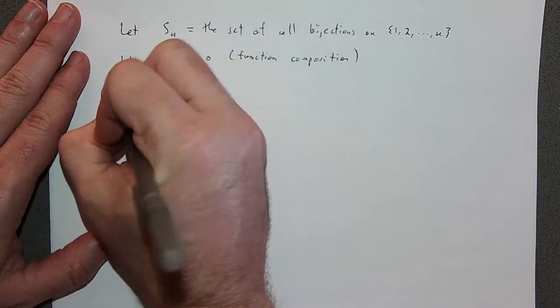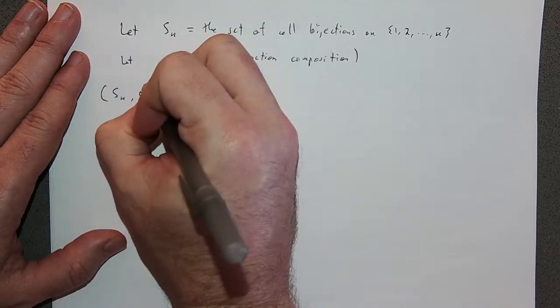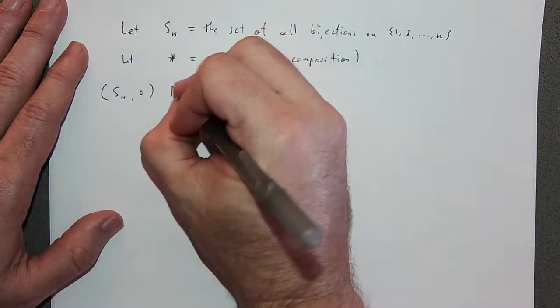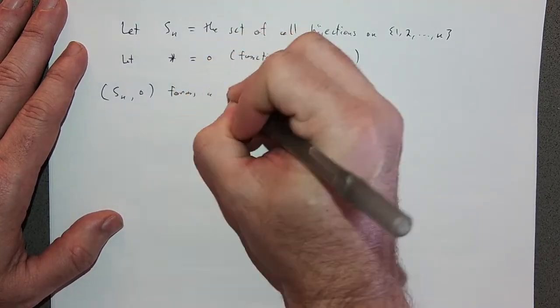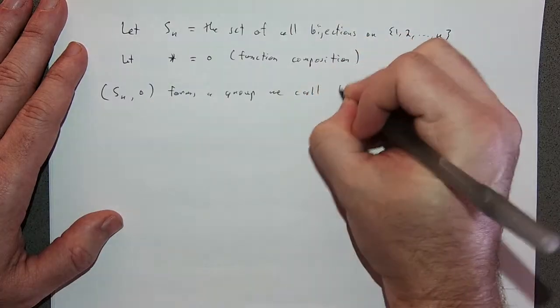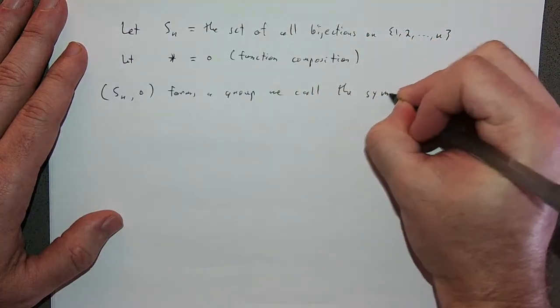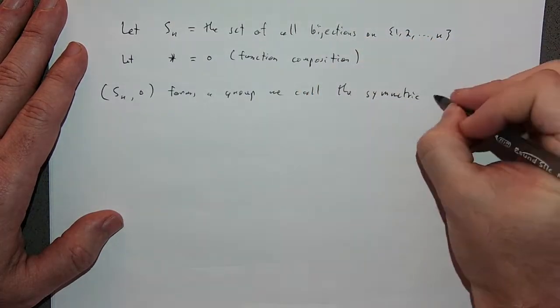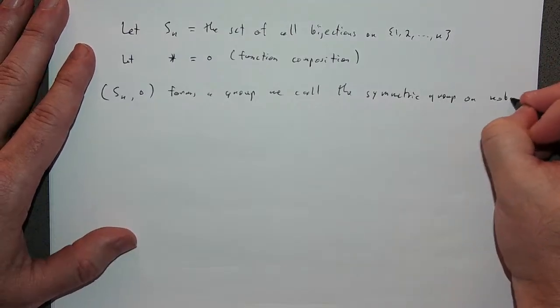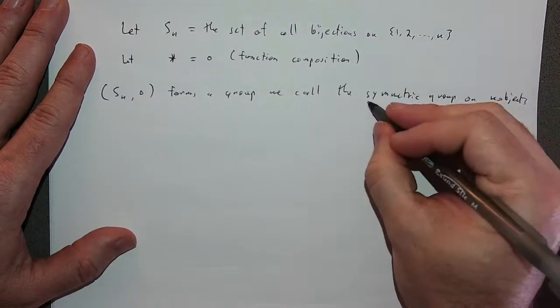Then this set taken together with this operation forms a group we call the symmetric group on n objects, or on n letters, or n elements, however you want to describe it.